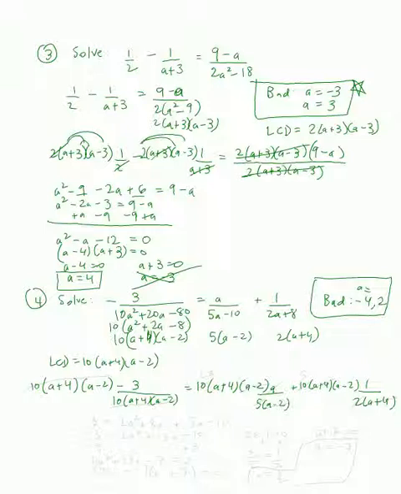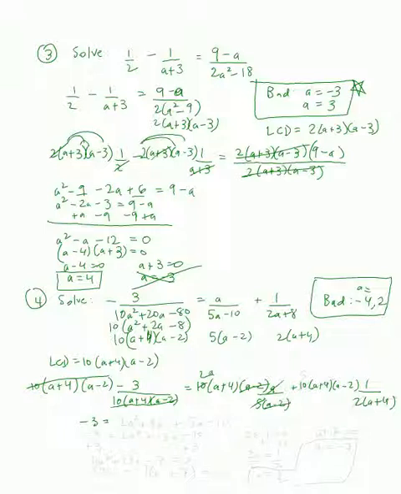Now's the fun part. I get to do my canceling. So first this goes away with this, and I'm left with just negative 3. On the second one, an a minus 2 with an a minus 2, and then a 5 with a 10 leaves me a 2. So what am I left with? Well, I also have an a here. Let's not forget. So it's actually, if I can bring the a over here for now and cross it over there.